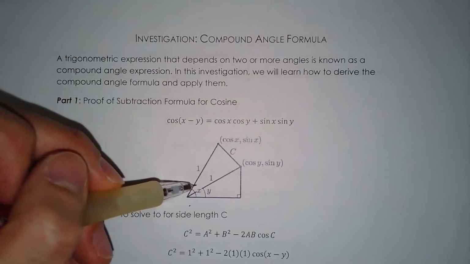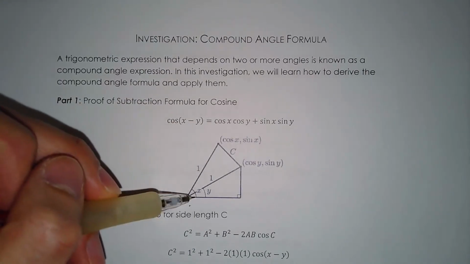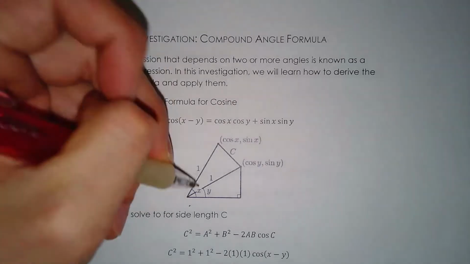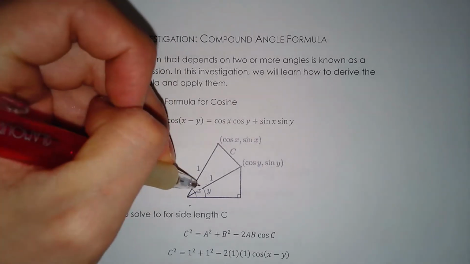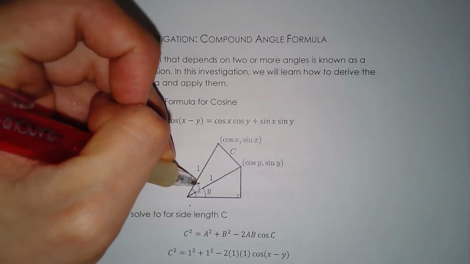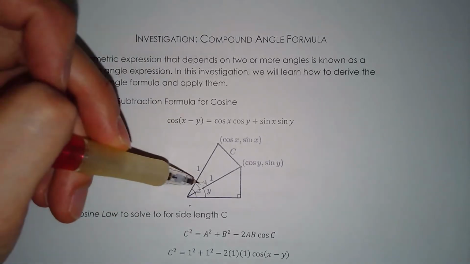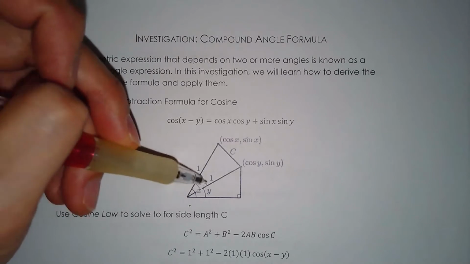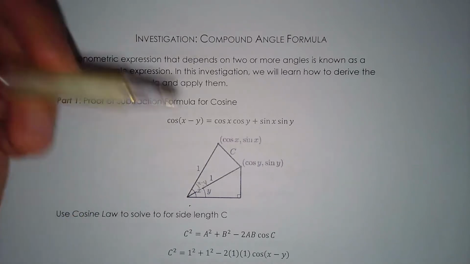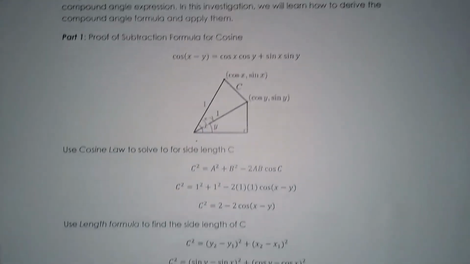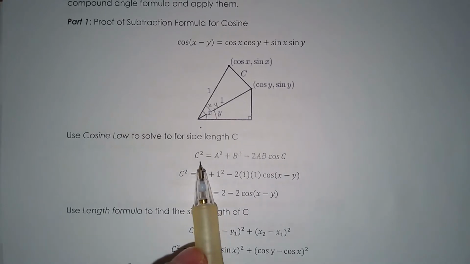But what's the contained angle here? It's not x, it's not y. This angle here is x minus y. Okay, so the contained angle is x minus y. So if you go down, this is what we have here, the cosine law.